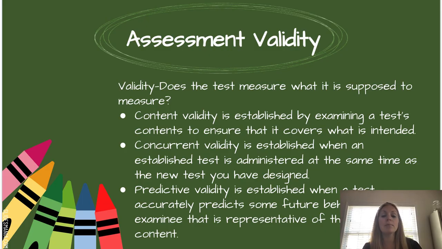And then predictive validity is established when a test accurately predicts some future behaviors of the examinee that is represented of the test content. So really understanding what this could predict for the next test or some of the behaviors students have on it. Are they missing part of a skill, or do you need to reteach something?